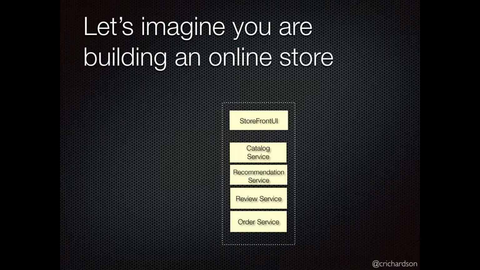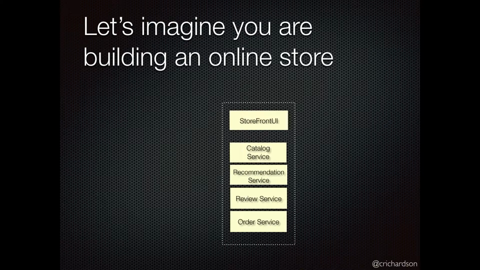So in this particular application, there's a storefront UI that's the web layer. There's going to be various back-end modules that implement the business logic: a catalog service that's storing product information, a recommendation service that's maintaining recommendations, a review service, an order service.